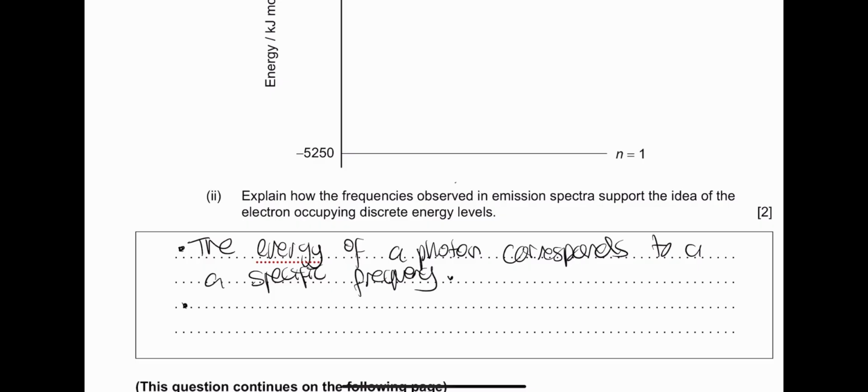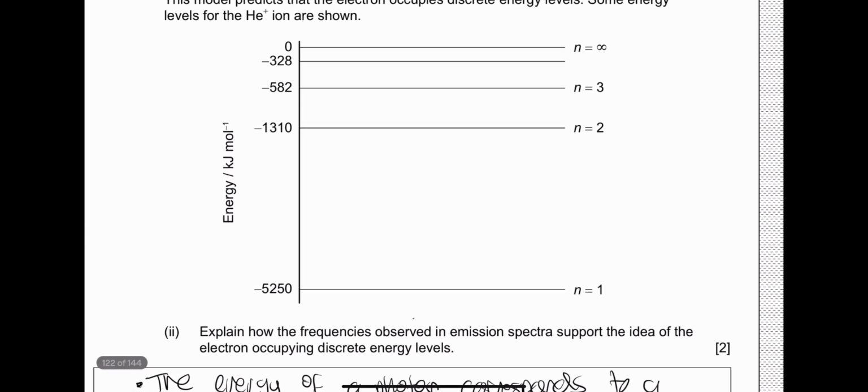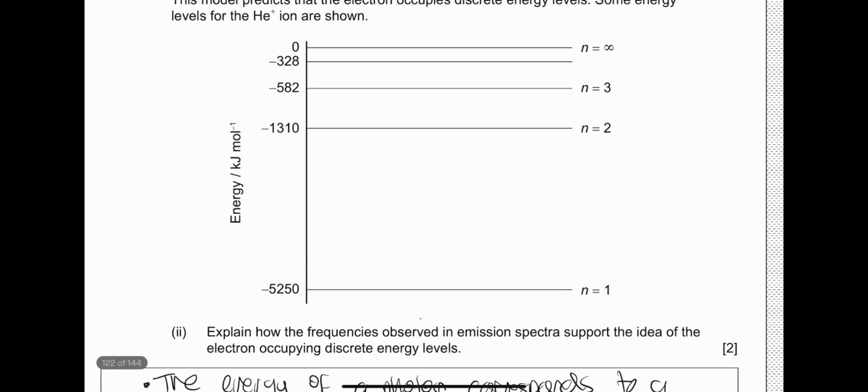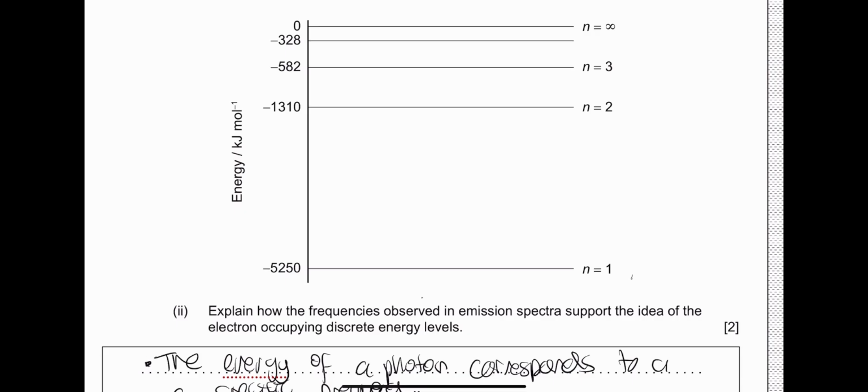And what else does this tell us? It tells us this energy that we have of each photon is dependent on the difference in the energy levels, right? So we can see n equals 1, n equals 2. You can see this big difference, and then n equals 2 to 3. You can see they're converging, but this energy is dependent on the difference in energy levels.